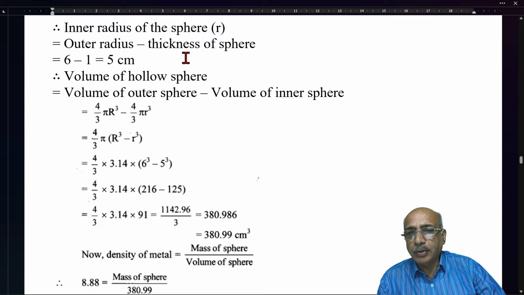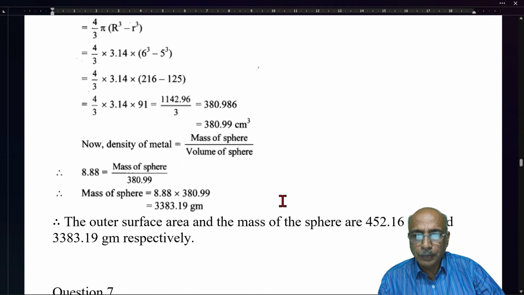Therefore, inner radius of the sphere r equals outer radius minus thickness of sphere, 6 minus 1 equals 5 centimeter. Therefore, volume of hollow sphere equals volume of outer sphere minus volume of inner sphere. Substituting the values and calculating, you will get volume of hollow sphere equals 380.99 centimeter cube after rounding up.